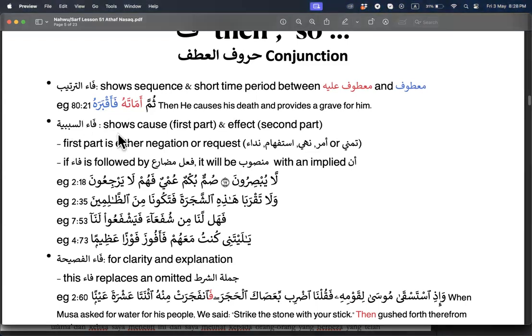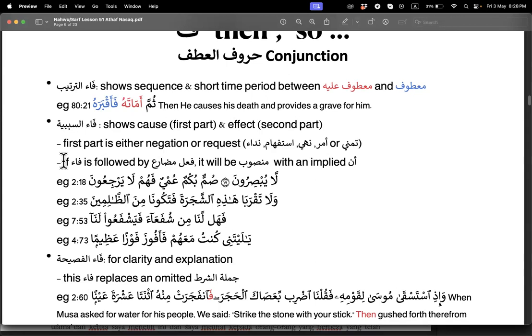The cause is either a negation or any kind of request: nida, istifham, nahi, amr, or tamanni. If the fa is followed by a fi'il mudhari', it will be mansub, with an implied an. But it is not always a fi'il mudhari'.